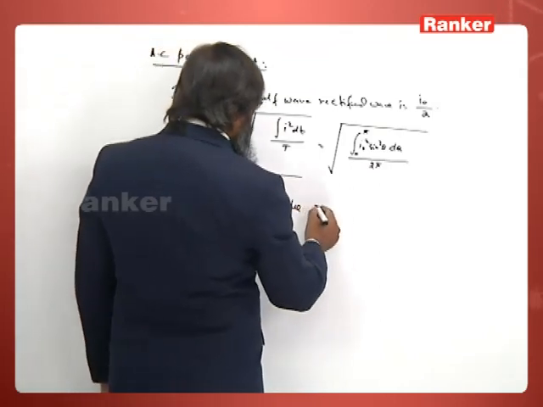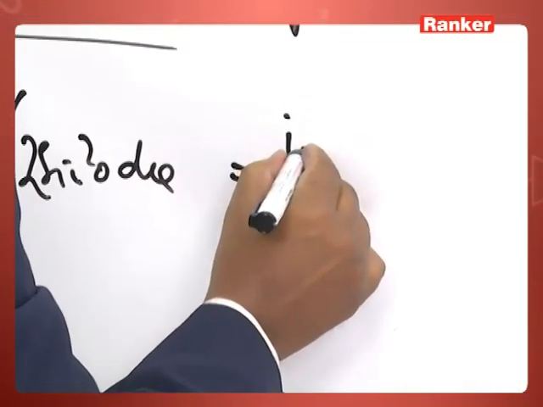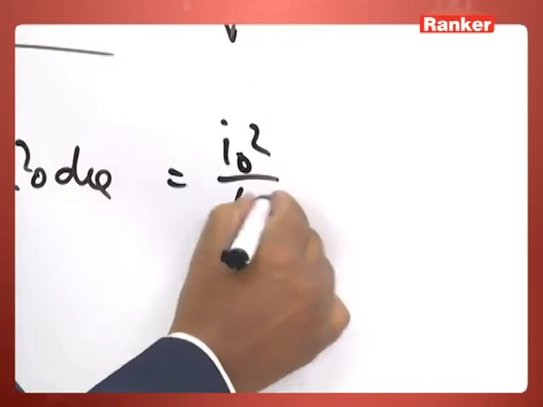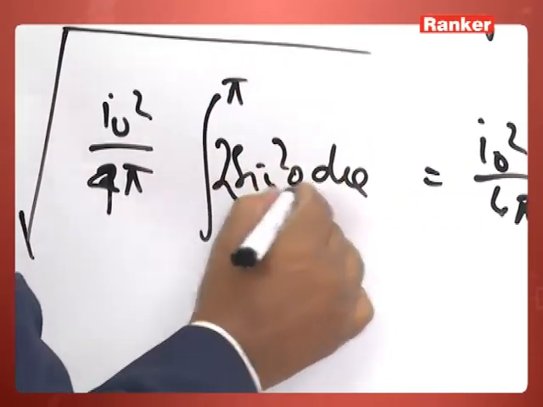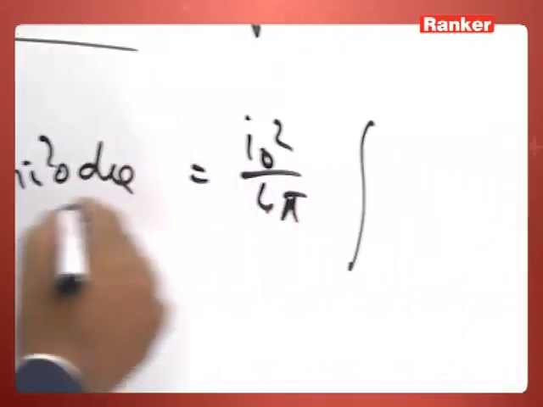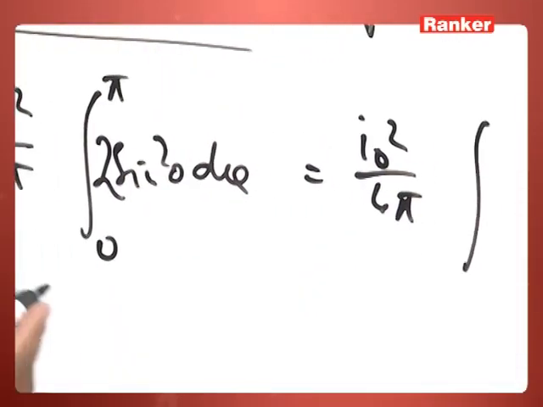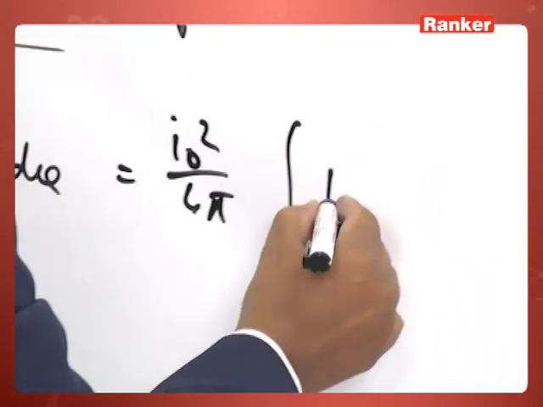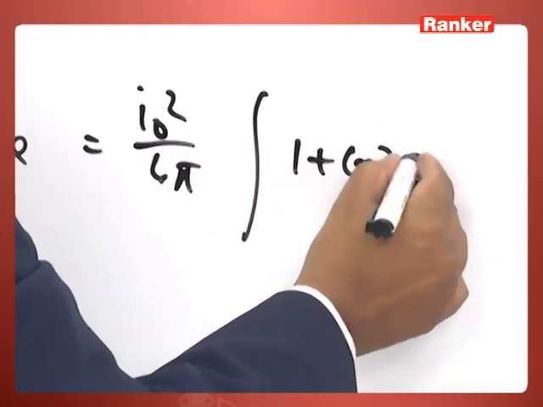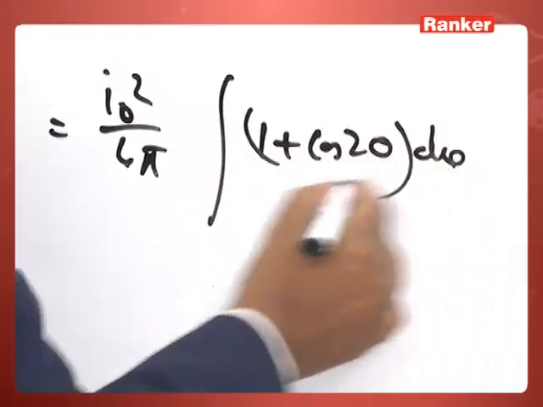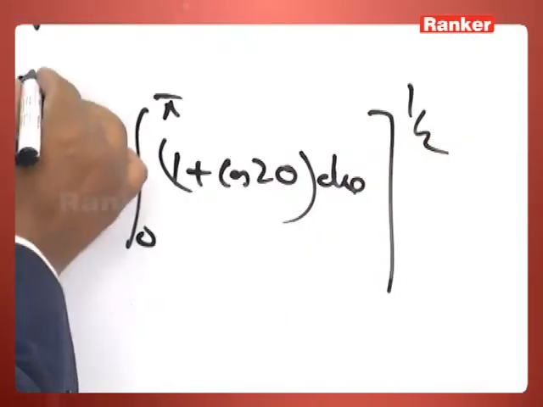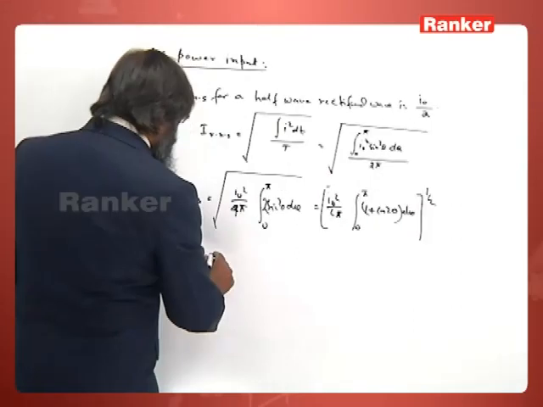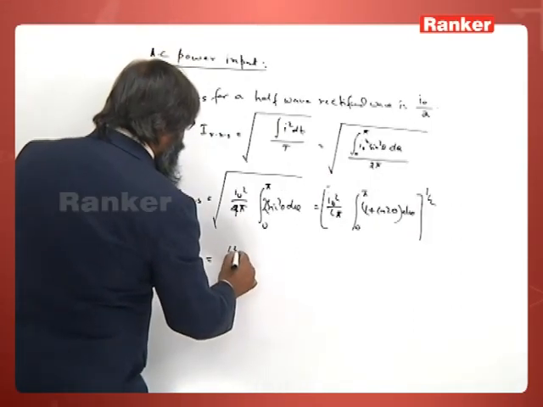Then 2 sin square theta, this will become I naught square by 4 pi, root of the integral of 2 sin square theta from 0 to pi. Now we can write 2 sin square theta as 1 plus cos 2 theta d theta, integration from 0 to pi, to the power half. Then again it is I naught square by 4 pi.